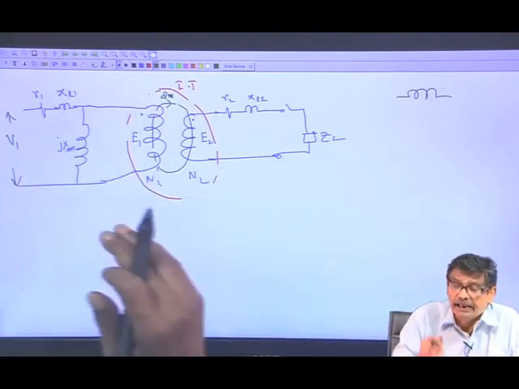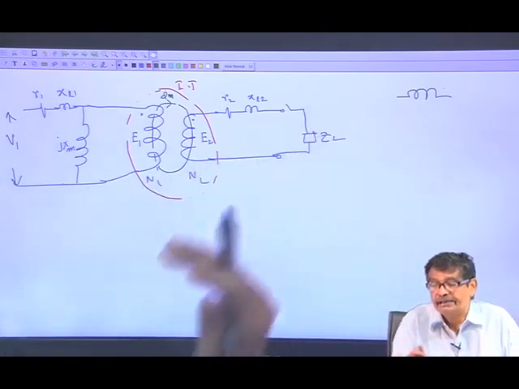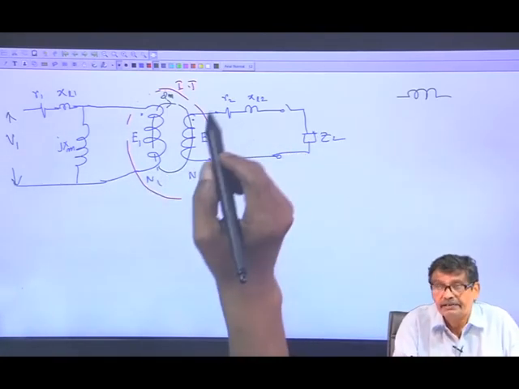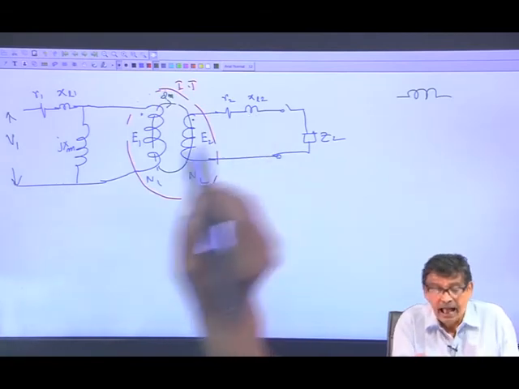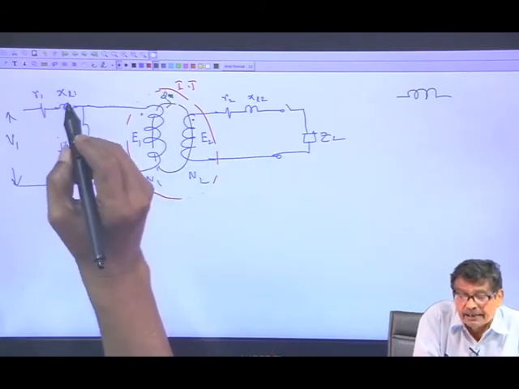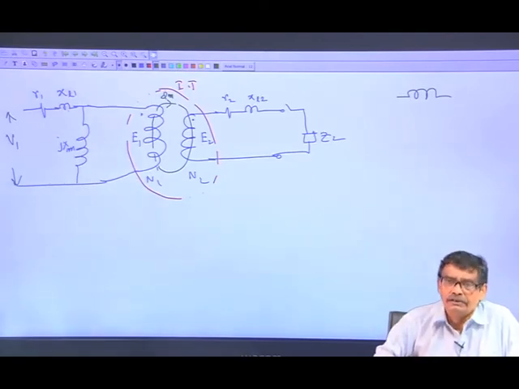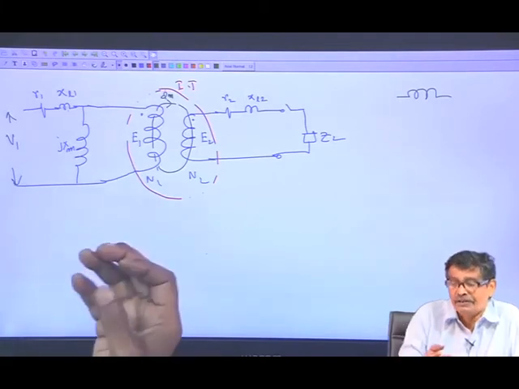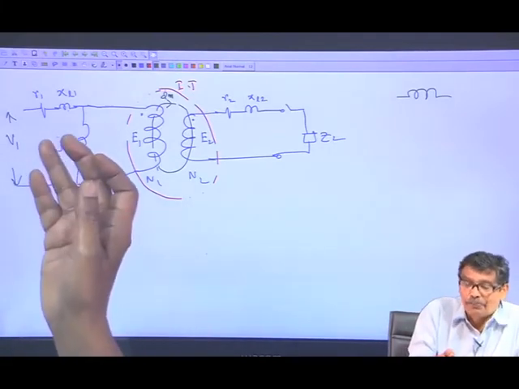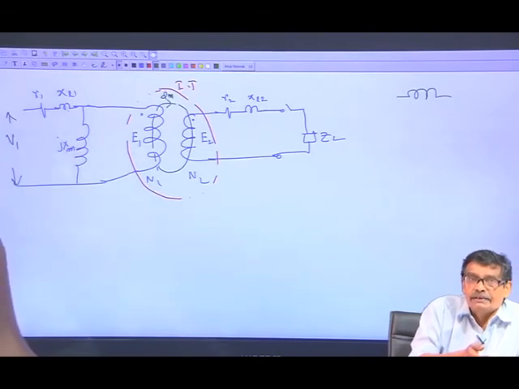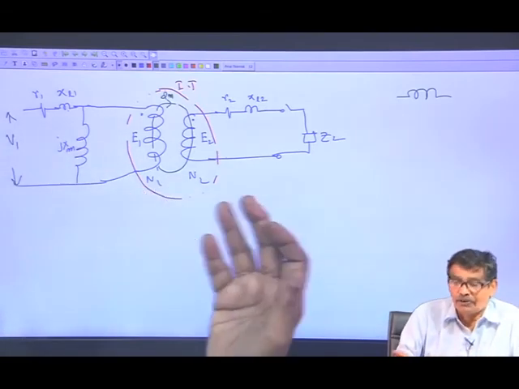In the same way as in the primary, the secondary side will also have winding resistance. I have used very small letters x to indicate that leakage flux will also be small in a well designed transformer. Otherwise, more voltage drop takes place elsewhere and less voltage is available for transformer action.